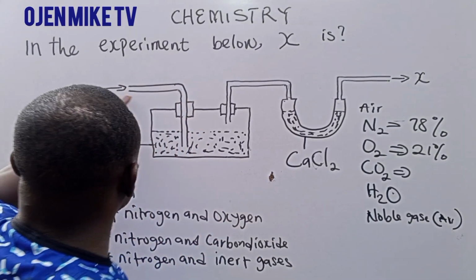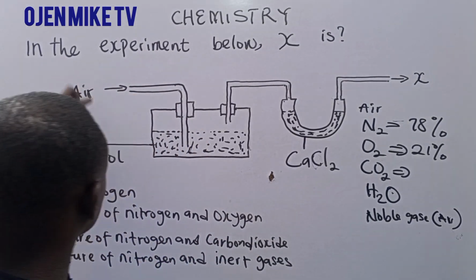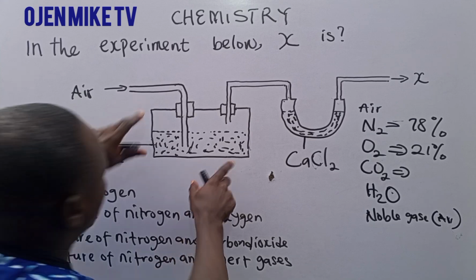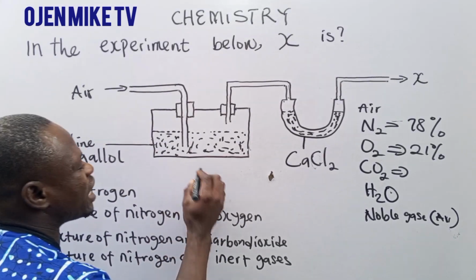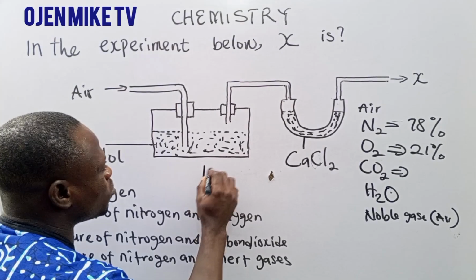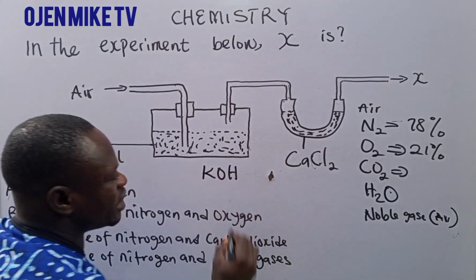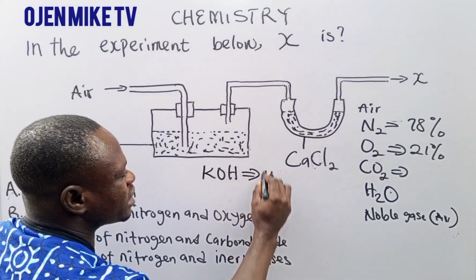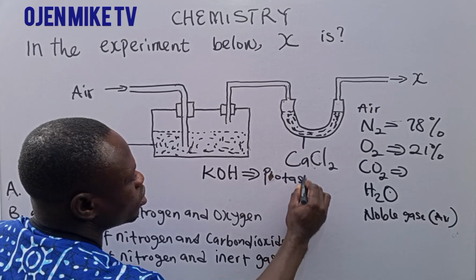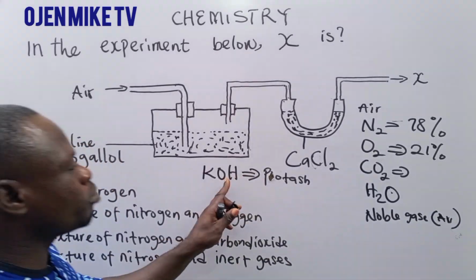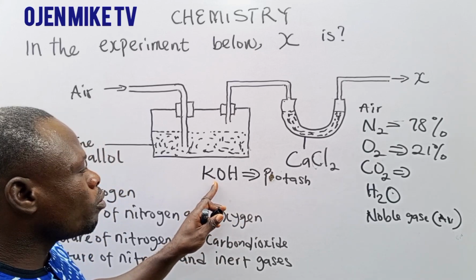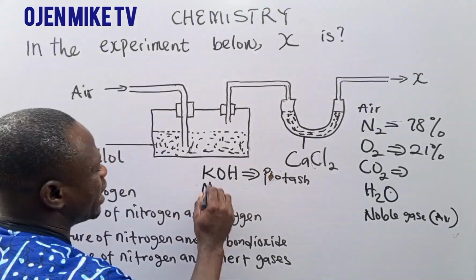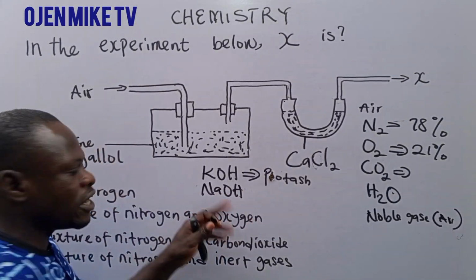Now, when you introduce air into this alkaline pyrogallol, remember alkaline solution is made up of mostly potassium hydroxide, which is normally known as potash. Sometimes they will not use alkaline, they will use potash. When you say potash, it is potassium hydroxide, KOH, or sodium hydroxide, NaOH.